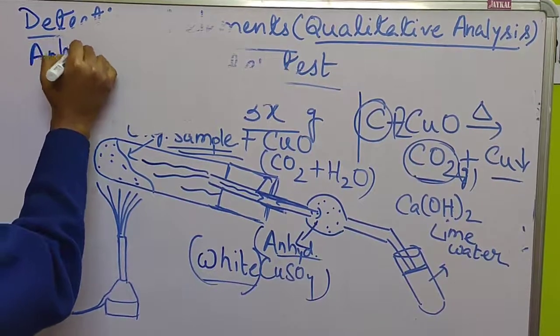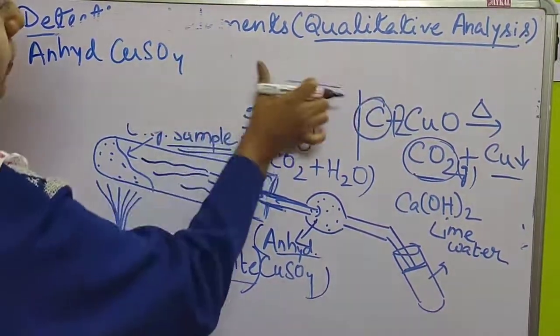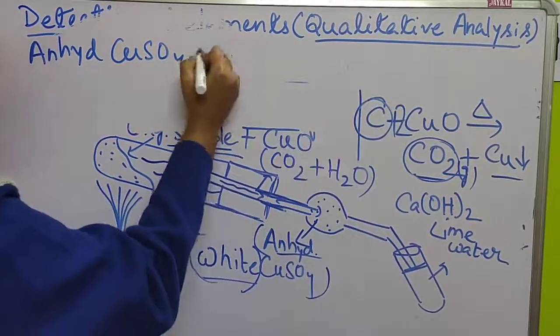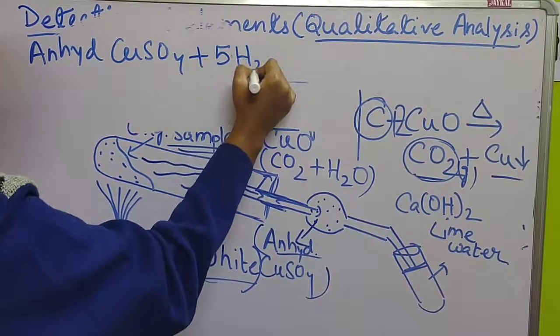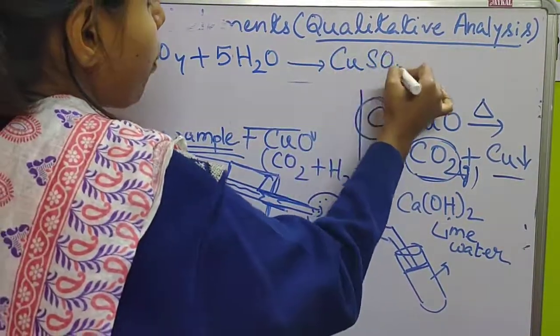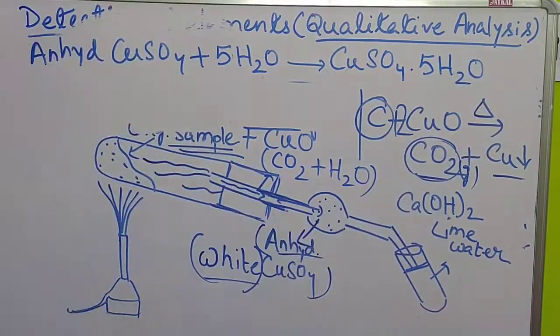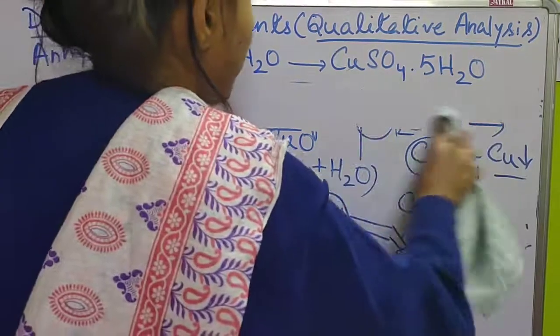Initially it was anhydrous CuSO4, and whenever it absorbs the water molecule, it will become CuSO4·5H2O, that means hydrated copper sulfate, and then it will turn into blue color.